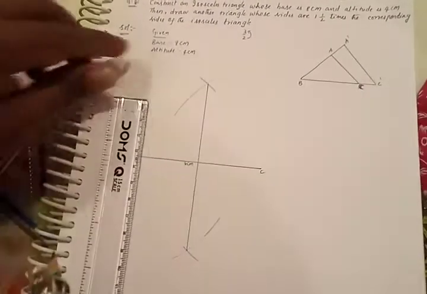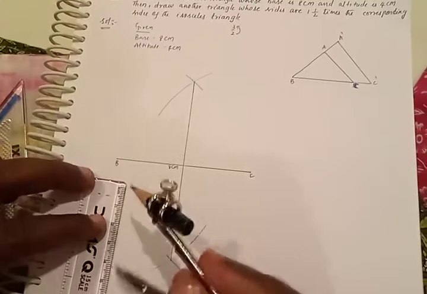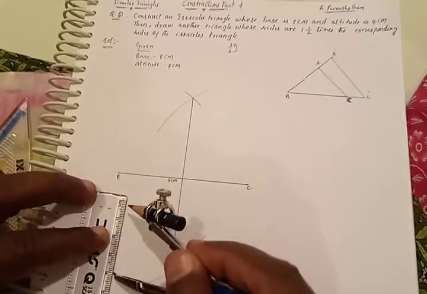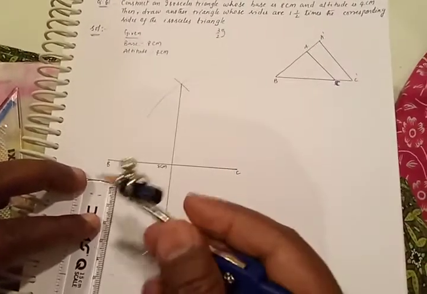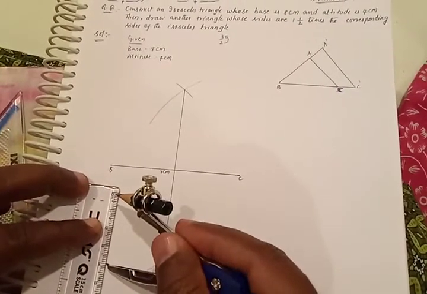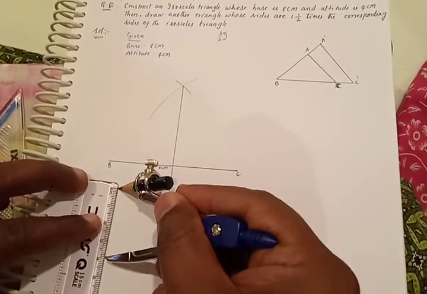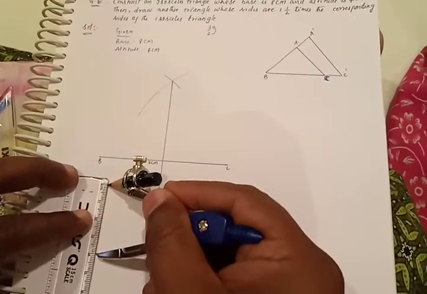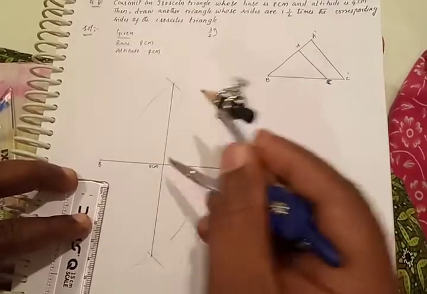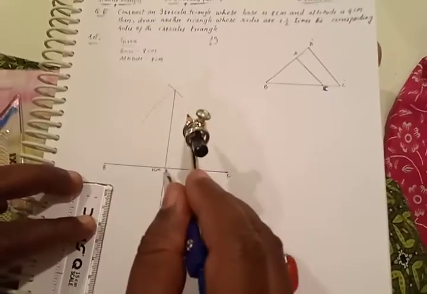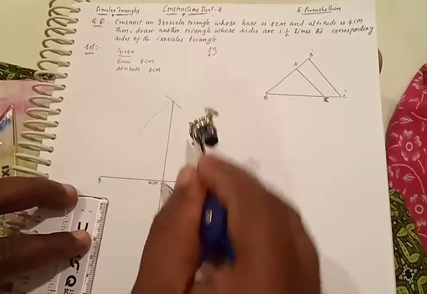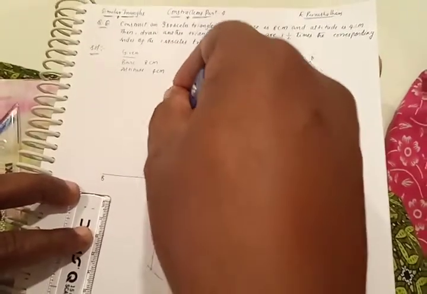Why are we drawing the perpendicular bisector? Because to draw the altitude of 4 centimeters, take a compass and take 4 centimeters from the middle of the base, cut it.